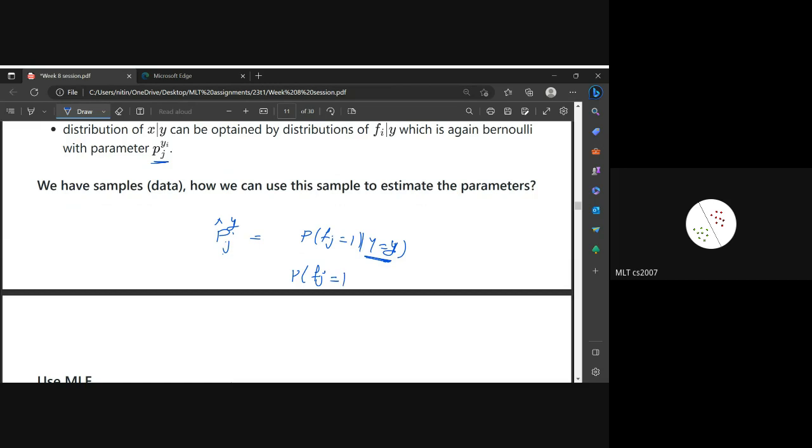It should be that the jth feature takes value 1 given that y equal to small y, right? This is the estimate for this. Student: If my y is taking 0, then this f j will be 0, no? No, f j is taking value 1 given y equal to 0. This will be p j 0, right? So this is the estimate for this probability.